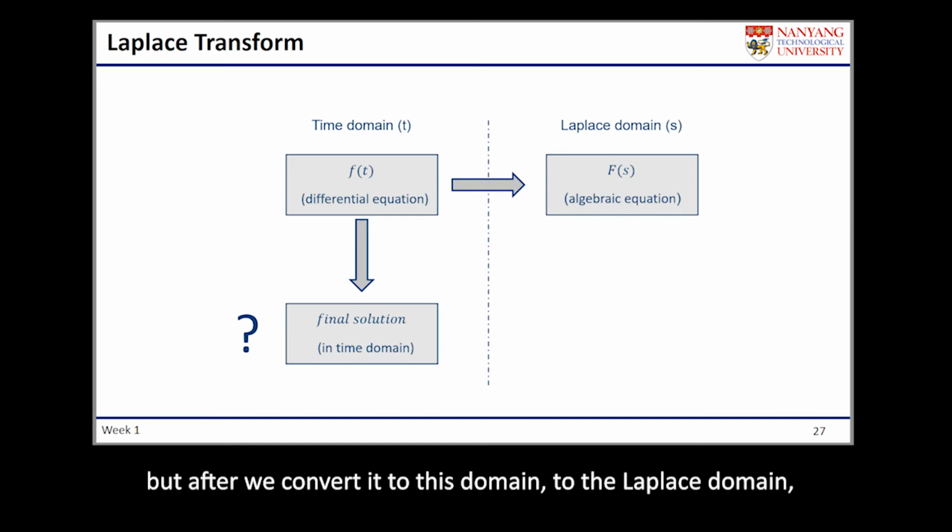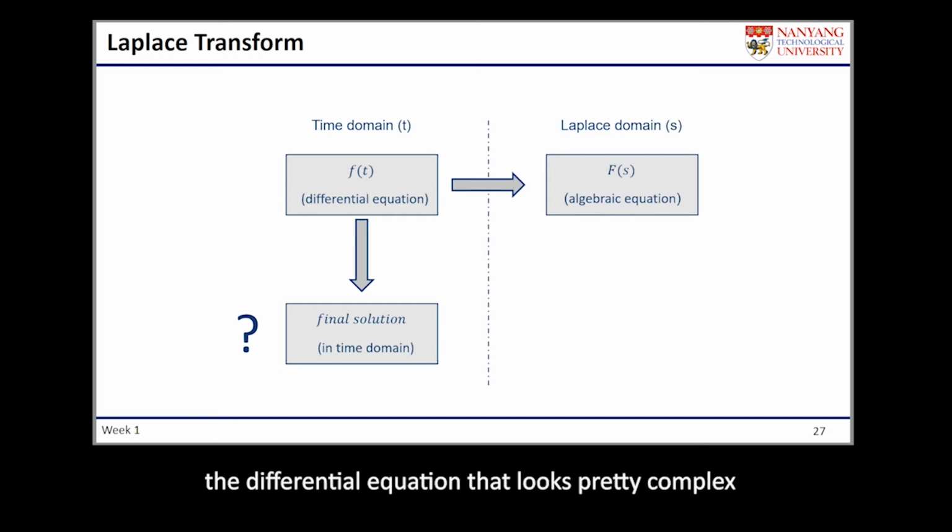But after we convert it to the Laplace domain, the differential equation that looks pretty complex will appear as a simpler expression, which is expressed by an algebraic equation. So now we have an algebraic equation to solve.